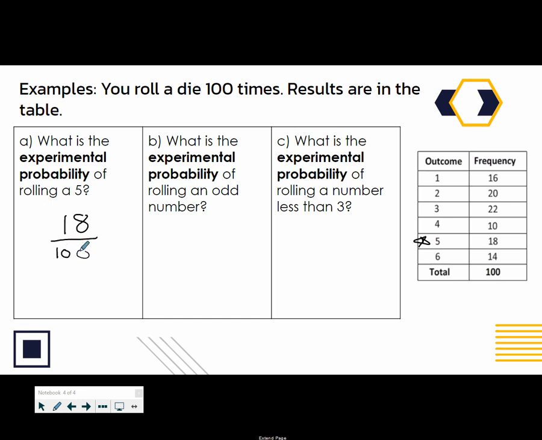Now remember, we always want to make sure we reduce. These are both even, so I can divide by 2. 18 divided by 2 gives me 9, and 100 divided by 2 gives me 50. So 9 over 50, 9 can only be reduced by 3 and 50 cannot. So that's our experimental probability of rolling a 5.